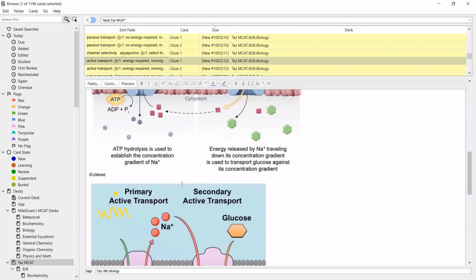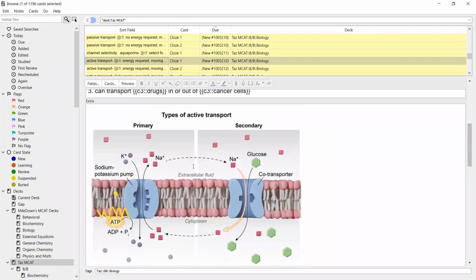On the left we saw the primary active transport, where we pushed sodium from its low to its high, because there's only 3 sodium here, but there's like 5 sodium up here.